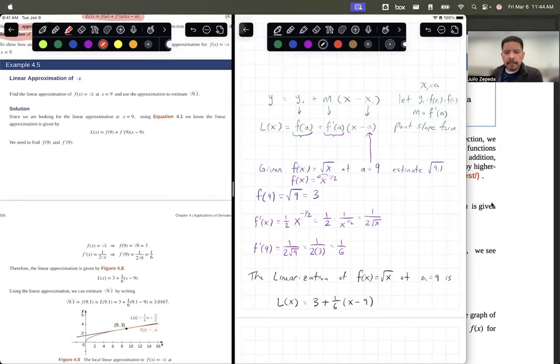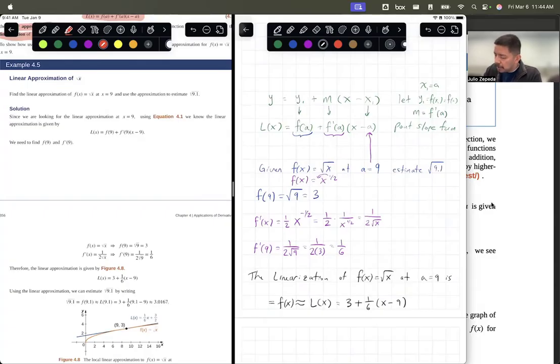Okay. And so the function, the square root of x, is approximately equal to this, a decent approximation of f of x near the value a equals 9, near x equals 9.